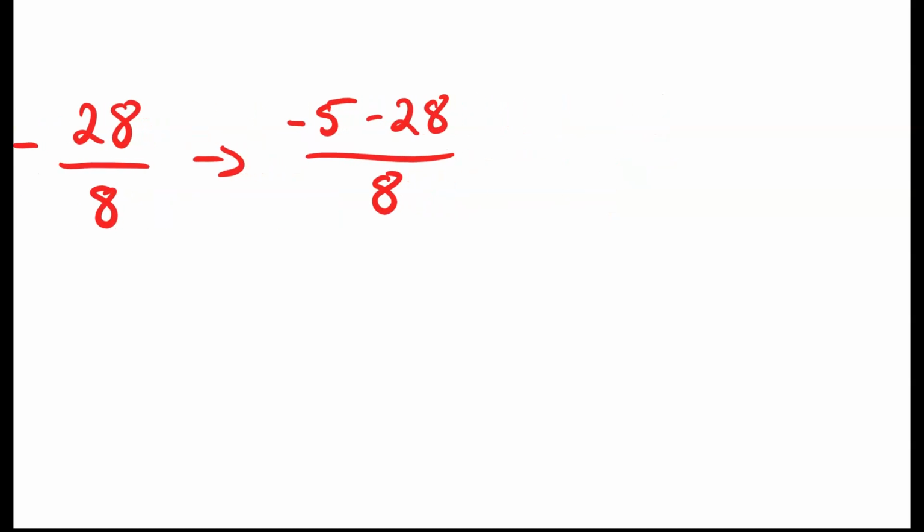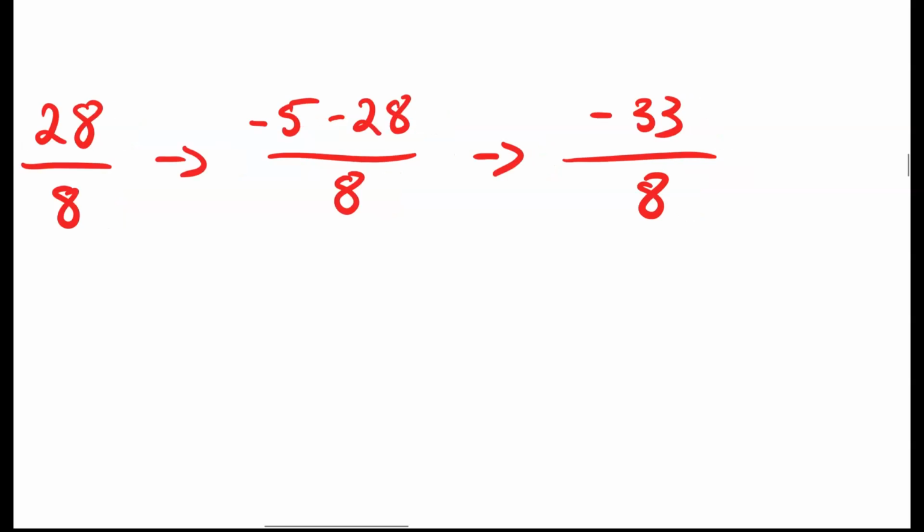The next thing that you need to do is negative 5 subtract 28, which will get you negative 33 over 8. Remember that second thing that we talked about, keeping the denominator? The denominator stays the same all the way through this. You're only affecting the top.